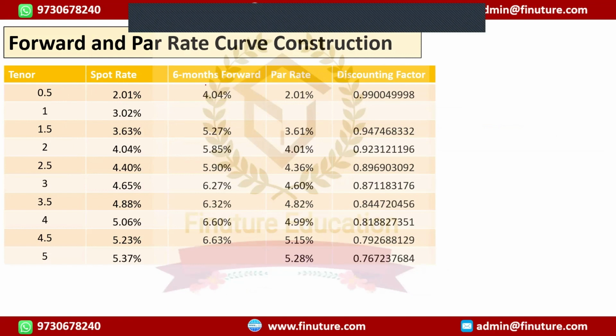You can derive the 6 month forward and par rates from these spot rates. To calculate par rates you need these discounting factors, which are used here. I'll show you how the entire table has been filled using this example. Deliberately, these three boxes have been kept blank.